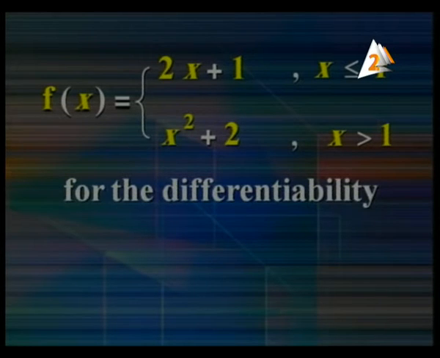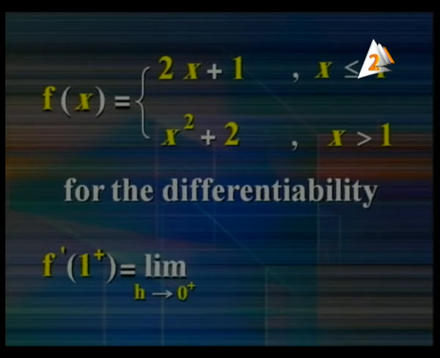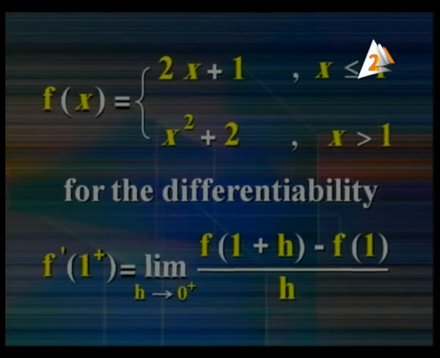Therefore, dear student, for the differentiability, f dash of 1 positive equals what? Limit when h tends to 0 positive, f of 1 plus h minus f of 1 over h. In this case, do you substitute about x in the first branch or second branch?